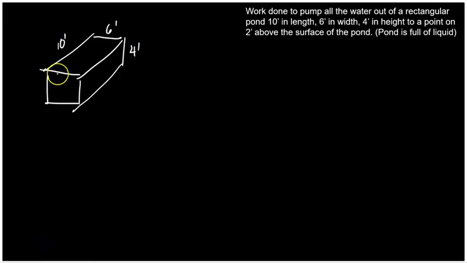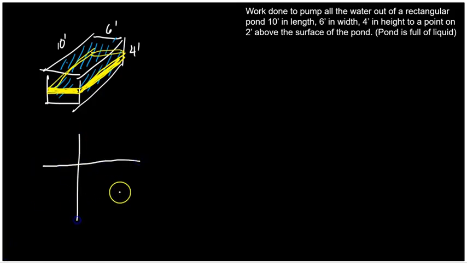Let's just draw the contents. Then I need my representative volume, my differential volume. So let's draw this. I'll use my yellow representative volume there. And then let's draw that here on the Cartesian plane.